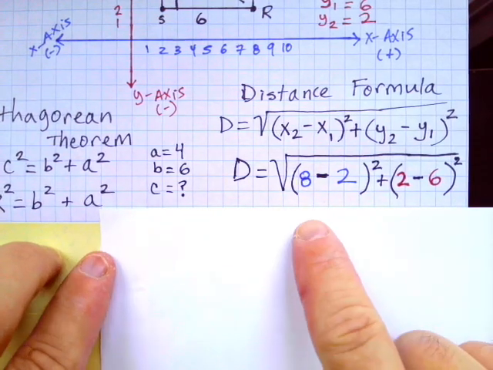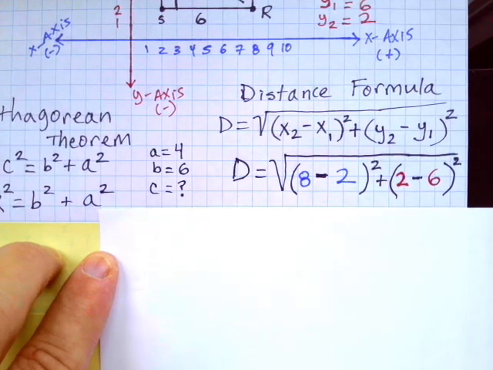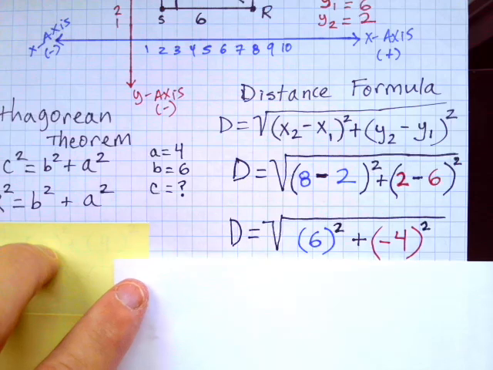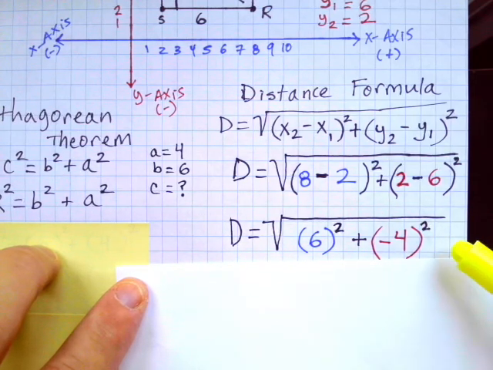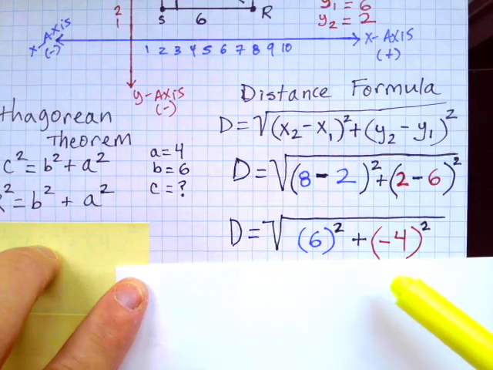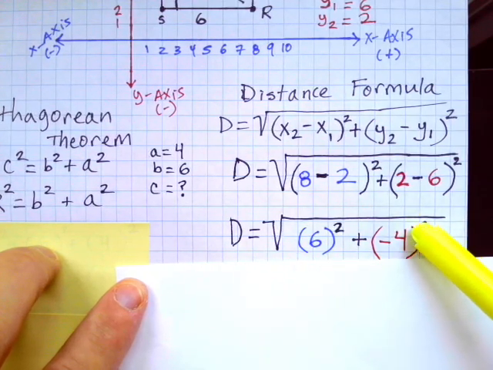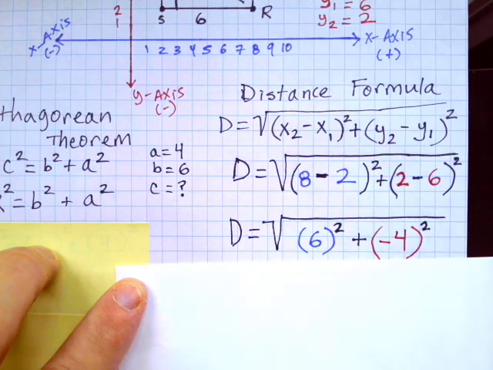So 8 minus 2 is 6. 2 minus 6 is a negative 4. I wouldn't worry too much about that negative at this point inside the radical, because we have this power of 2, which means 6 times 6 plus negative 4 times negative 4. Two negatives when you multiply will be a positive.